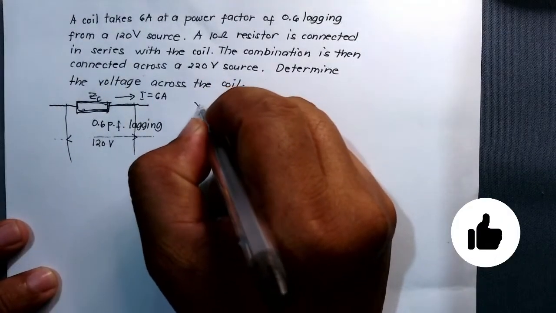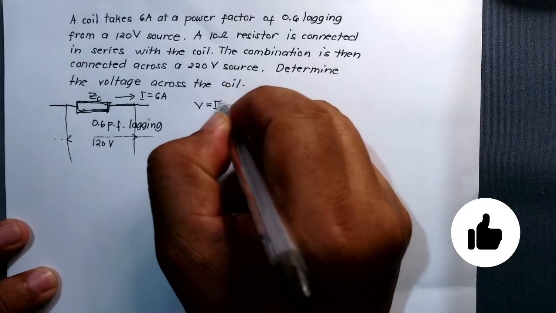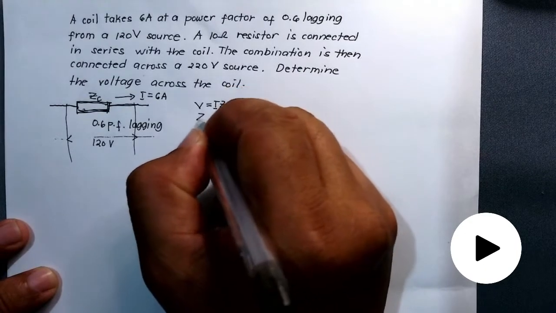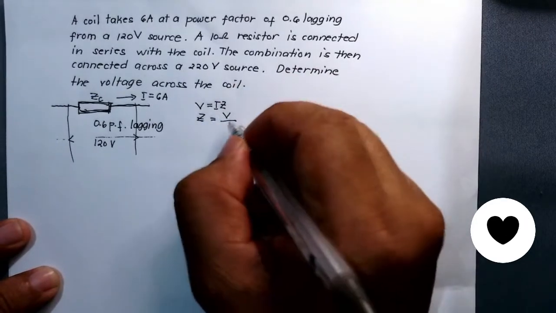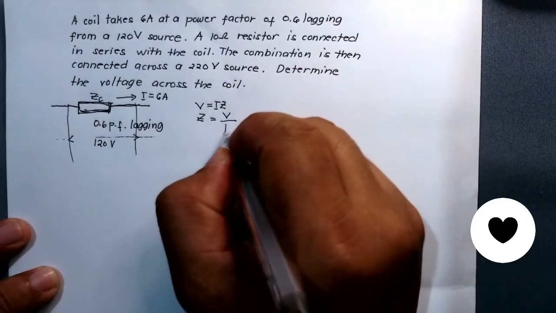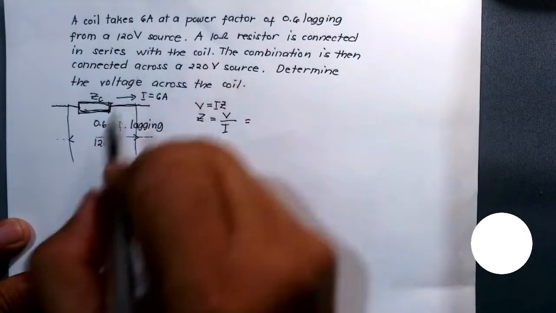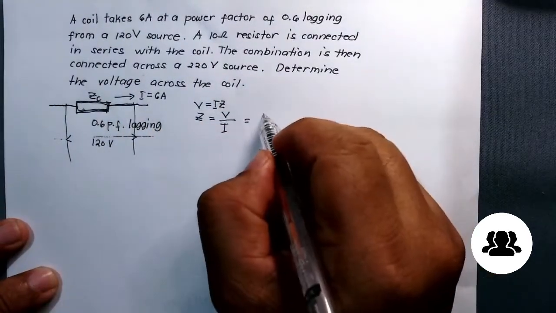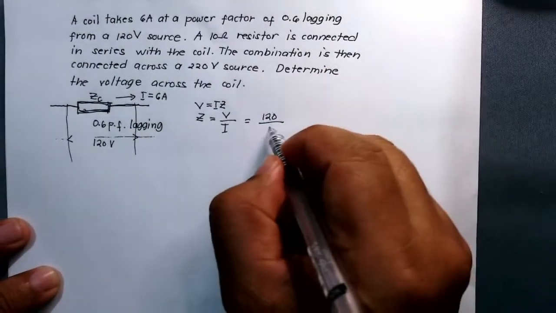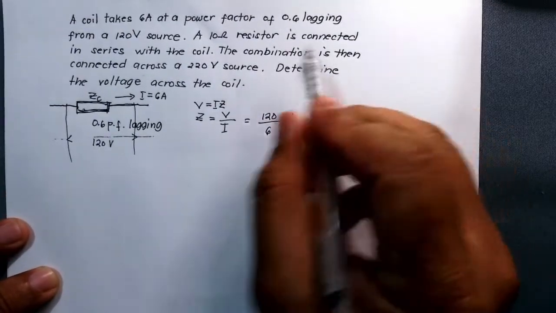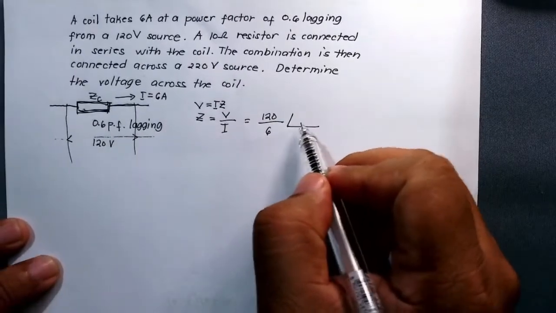We have V equals I times Z, and Z can be computed by manipulating this equation. That will be V over I, so in this case we have 120 volts over the current, which is 6. Since this is lagging, the angle will be positive.